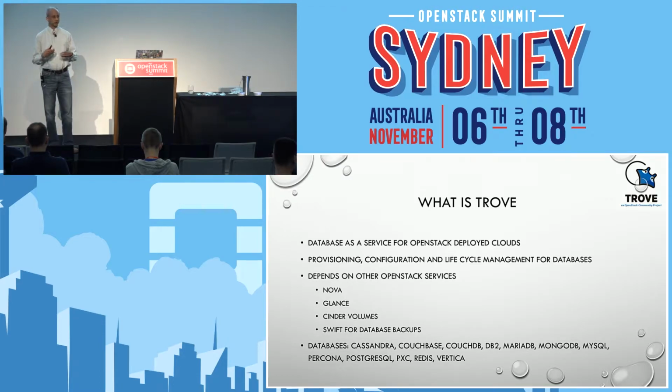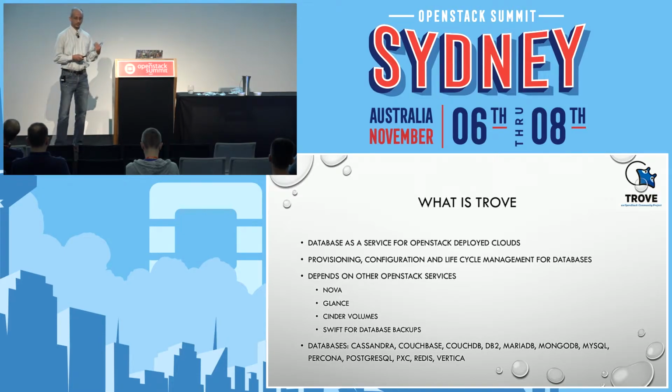Databases, when they get deployed, quite a few of them require extra volume, so we depend on Cinder for that database volume, and Swift for database backups. There are other dependencies as well, as you'd expect, Keystone and so on. I haven't listed them. It's not necessarily a complete list, but those are the highlights.